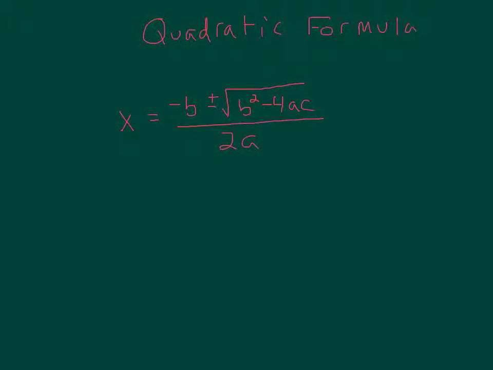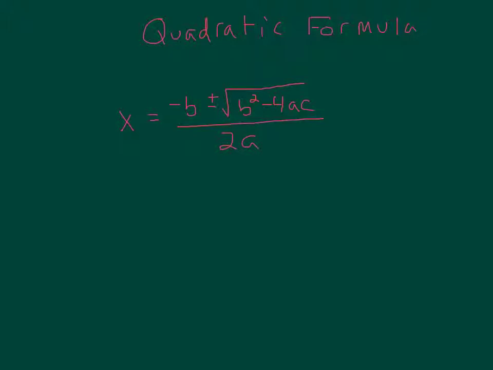Now, I do have a challenge for you, and it is worth some extra credit. Take the quadratic formula song and turn it into a song of your own, meaning you can match it up to music from another song if you'd like. You can write your own song to it, however you want to do it.